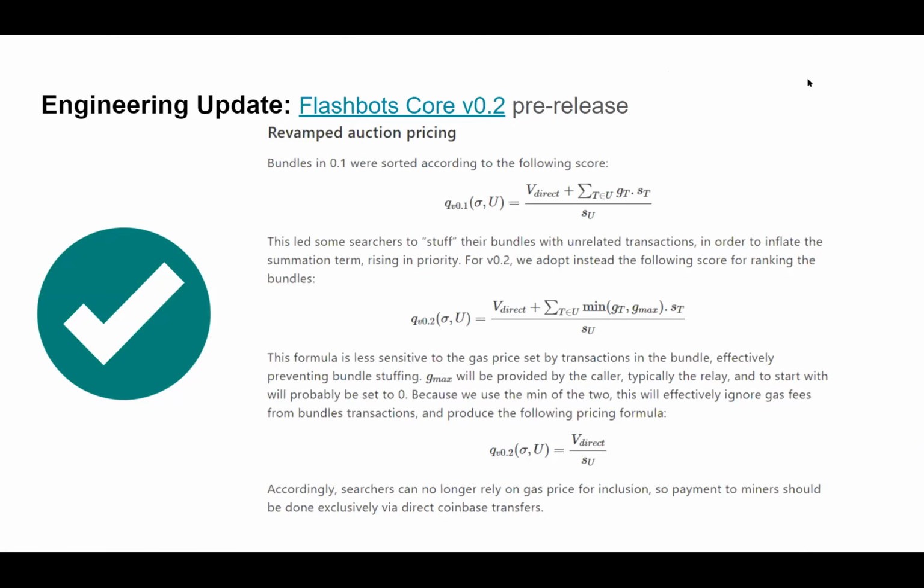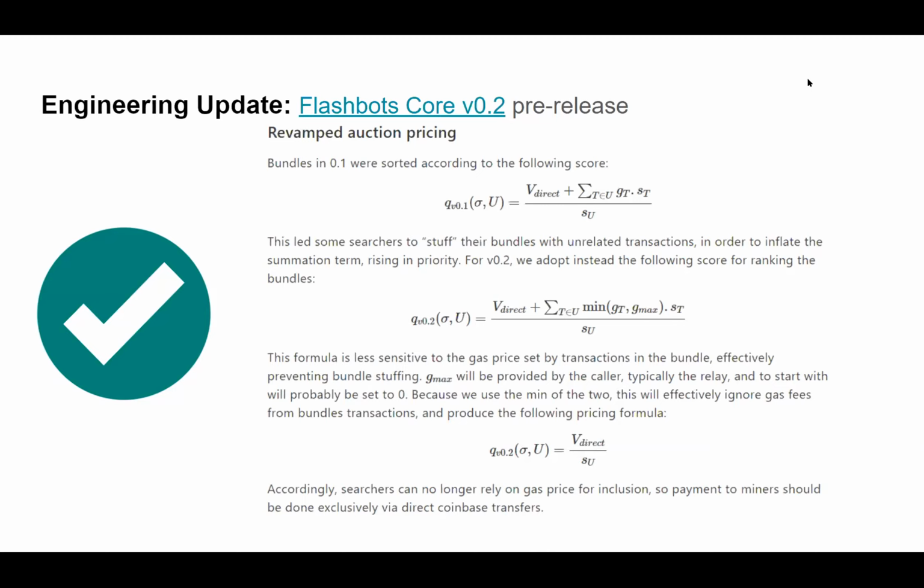Now, there's some concerns around this because it creates an incentive for searchers to essentially accelerate their bundles by bringing regular transactions from the mempool that may not have been picked up by the miner, or use some sort of race condition such that they're evaluated before the vanilla block is processed.